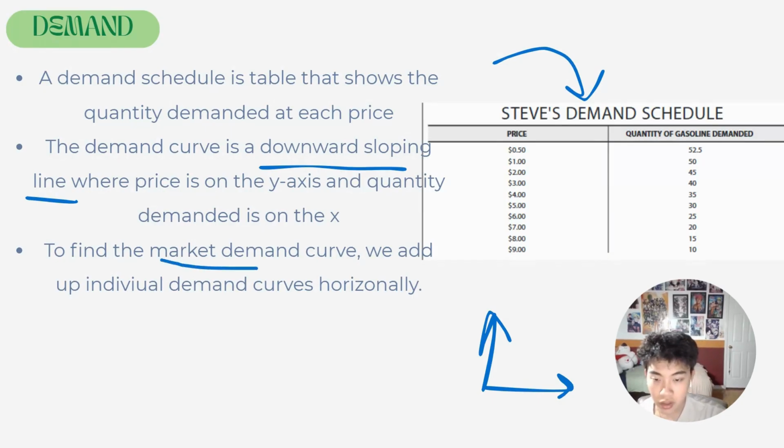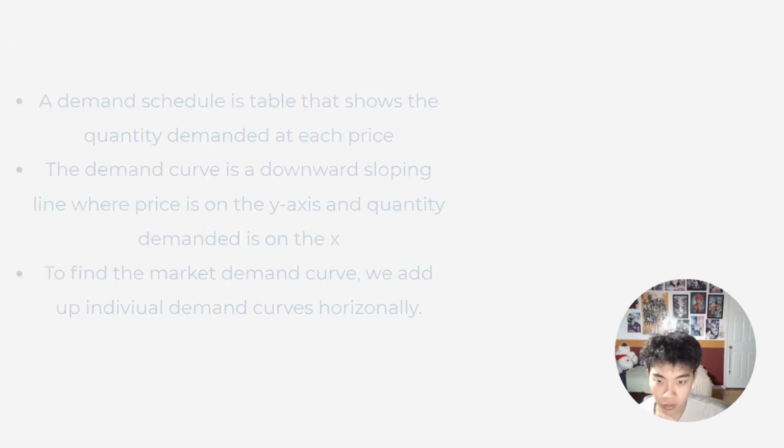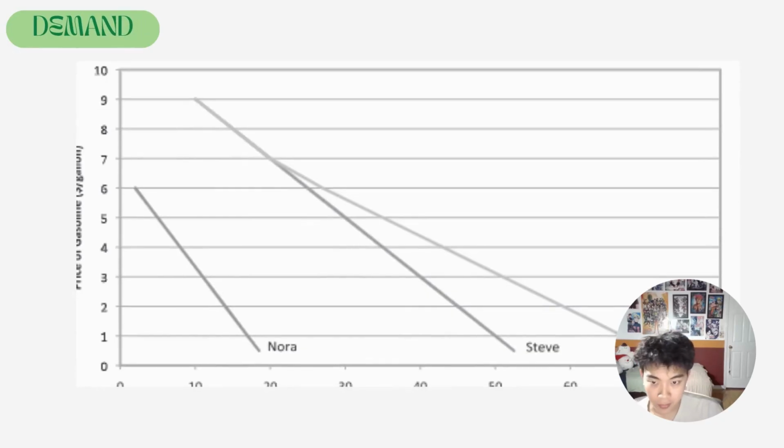To find the market demand curve, which is the total demand, we add up individual demand curves horizontally. For this slide, we have Nora and Steve. If we want to find the market demand curve, we will add each of these horizontally.